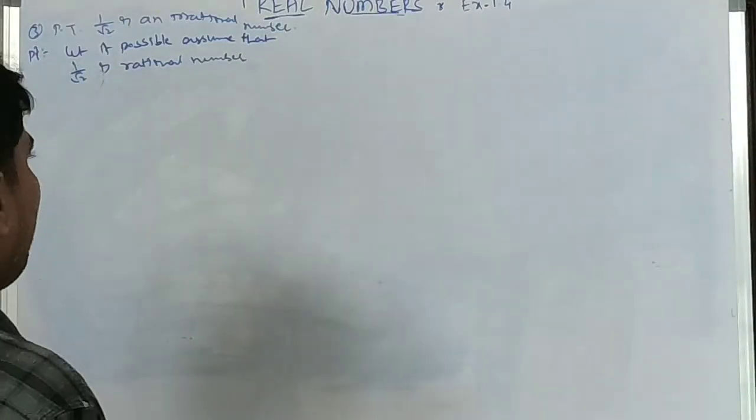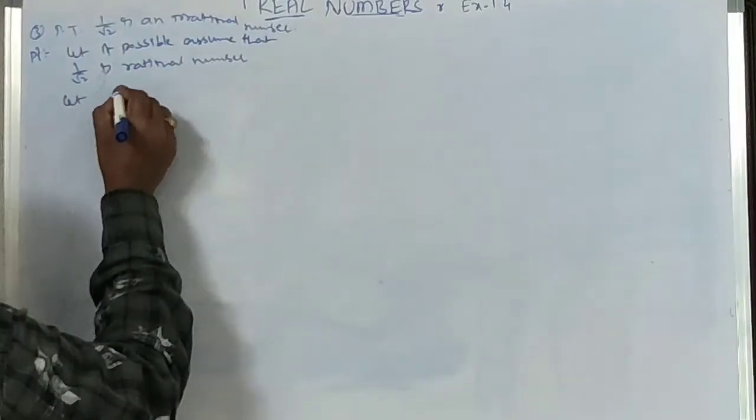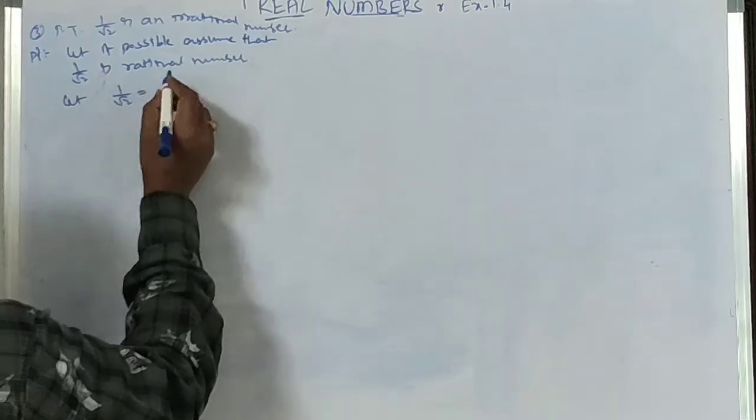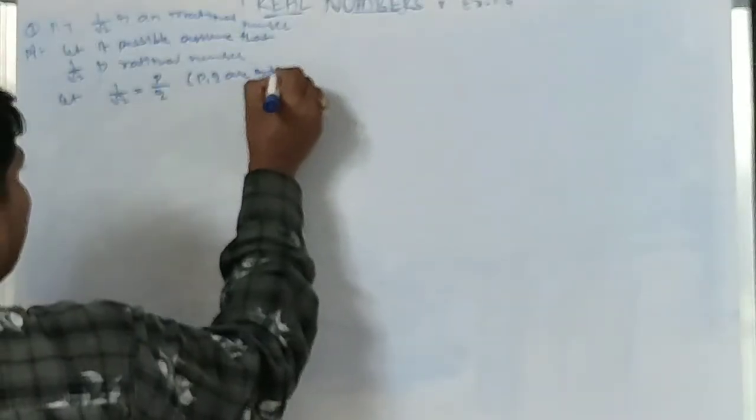If it is a rational number, it is of the form p by q, where p, q are integers.